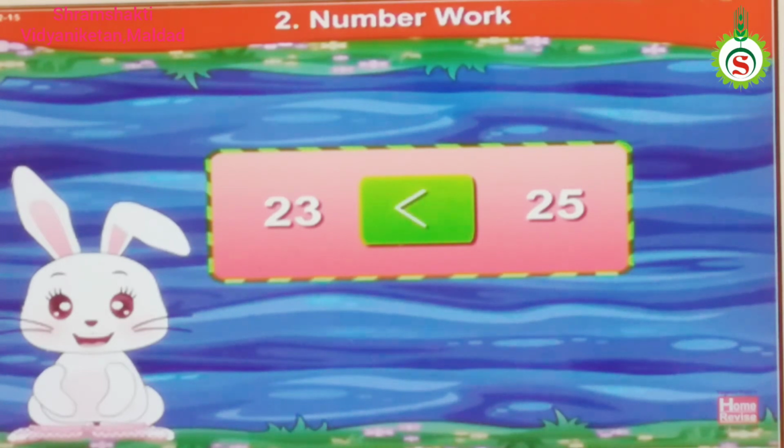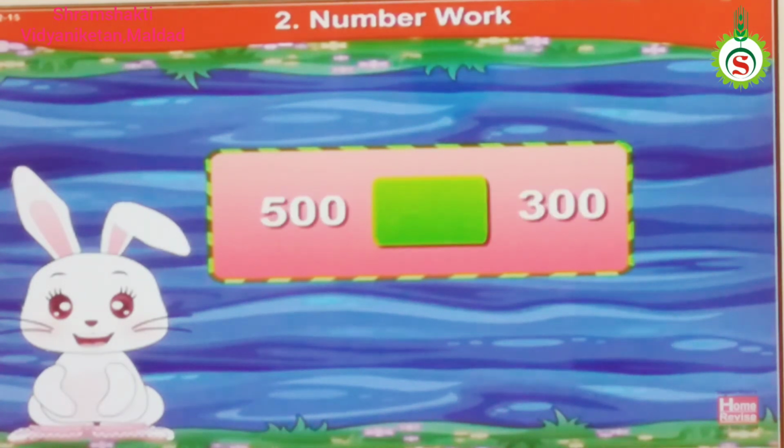So we put the symbol of lesser in this manner, showing that 23 is lesser than 25. 500 box 300. Now 500 is bigger than 300. So we put a symbol of greater facing 500, showing that 500 is greater than 300.